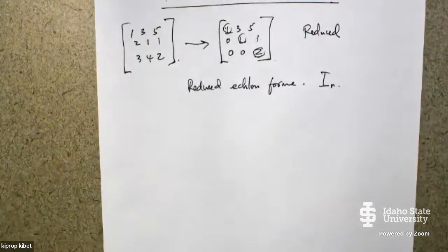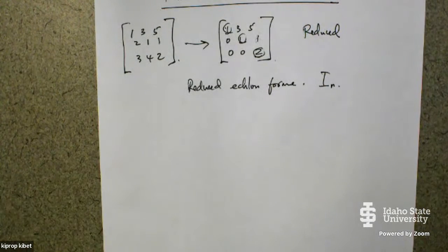An identity matrix, right? Since we are making this one 1, this one 1, this one 1, the ones which are above should be zeros. So what you get is an identity matrix.